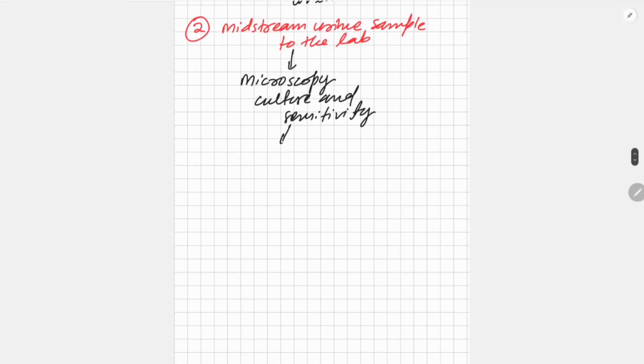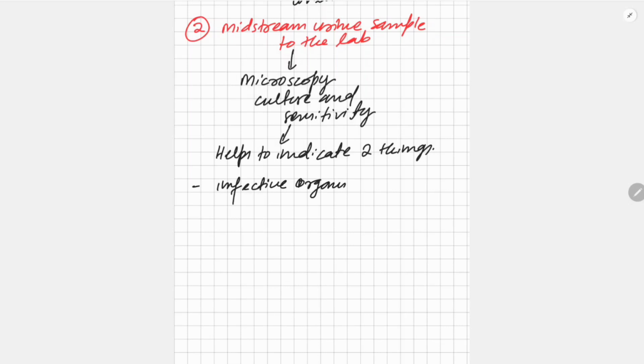And what it does is it helps us to indicate two things. What are those two things? First thing is it helps us to determine what is the causative organism for causing UTI, the infective organism, or you can call it bacteria. And second thing, it helps us to determine the choice of antibiotic.